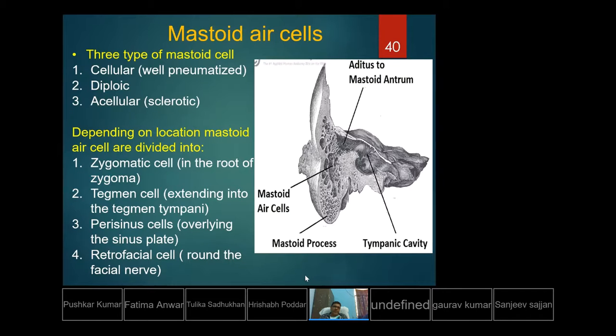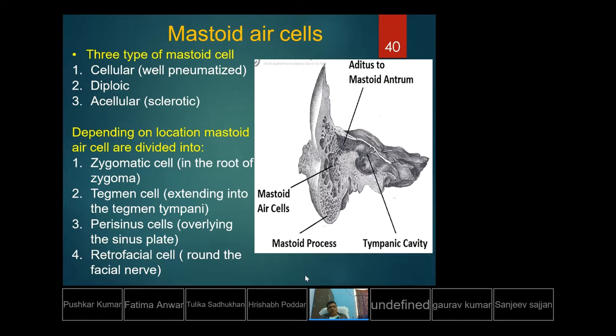The cellular type means well pneumatized, and in 80% of cases, this type of mastoid air cell is seen.